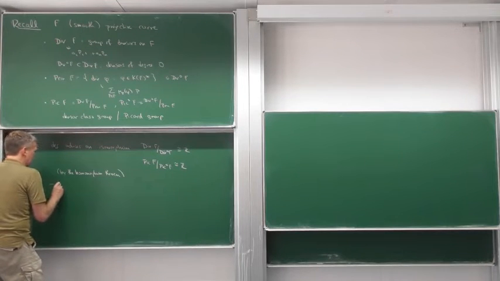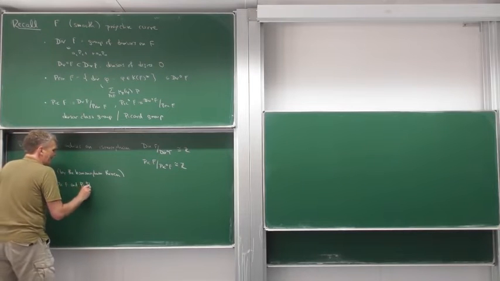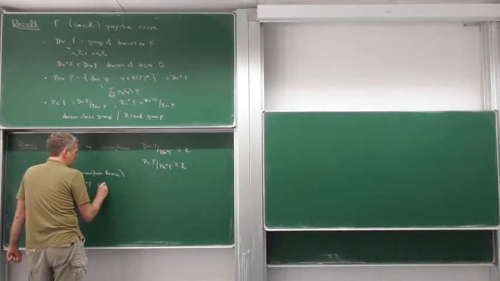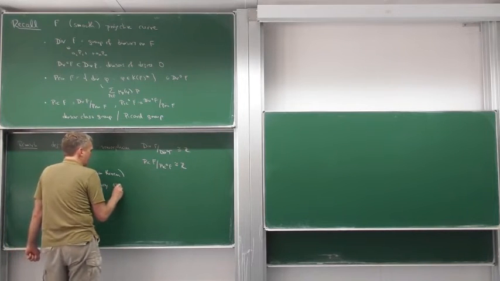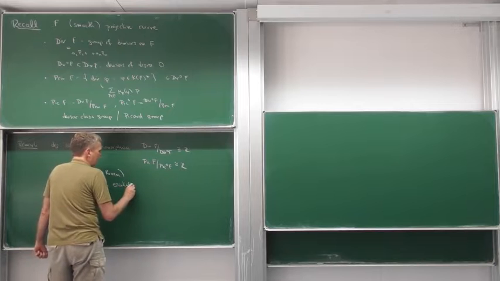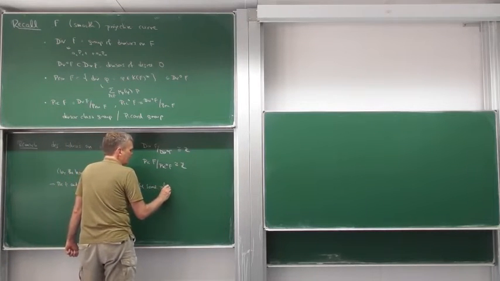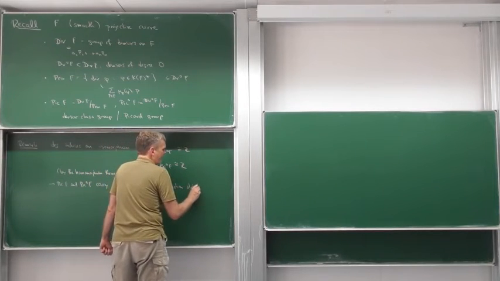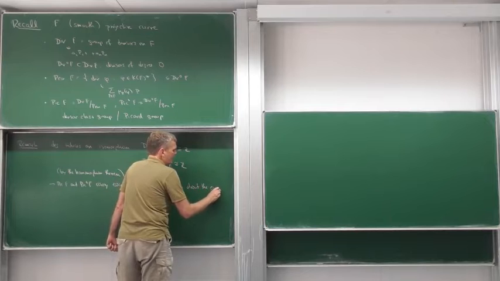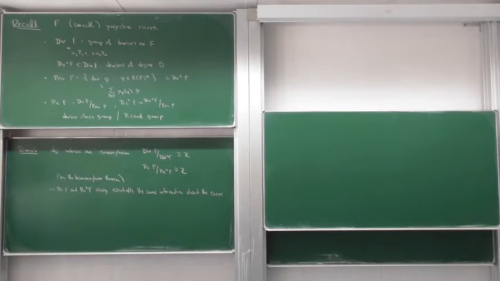Say Pic F and Pic 0 F carry essentially the same information about the curve. So we'll take sometimes that and sometimes the other, pretty much the same group.